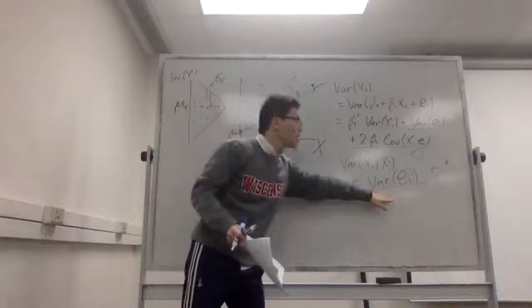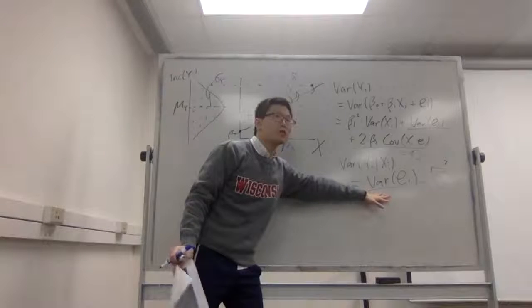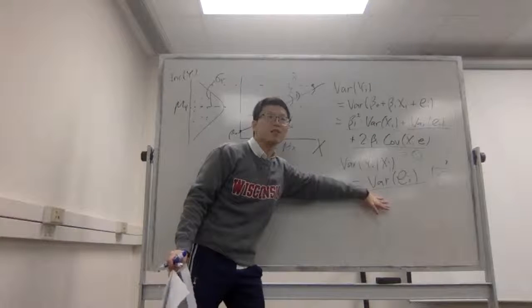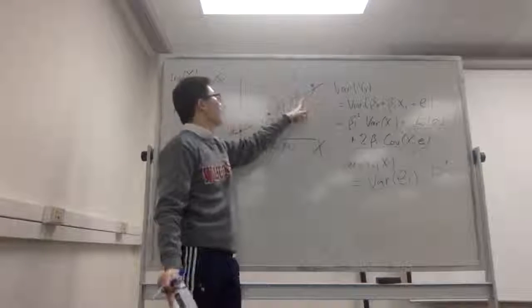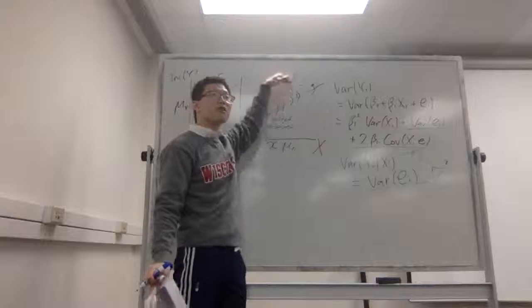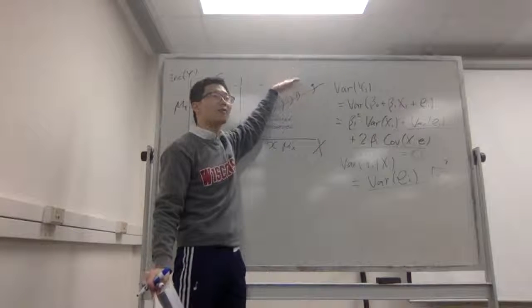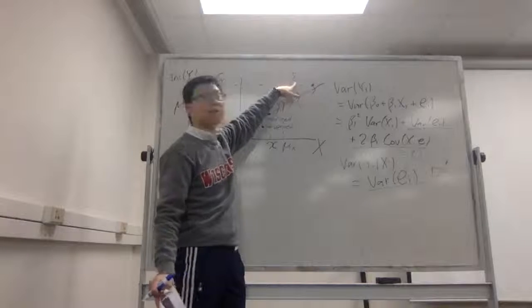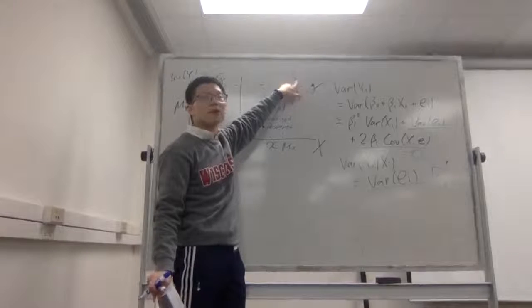It is the unexplained variance after running the regression.